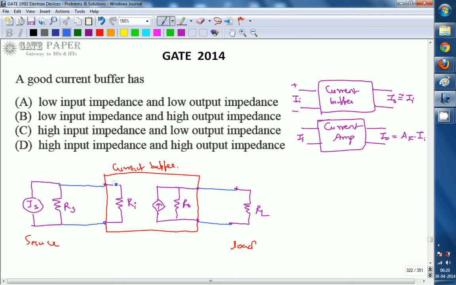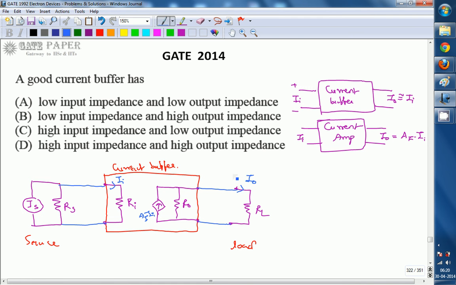Ii is the current flowing into the input of the current amplifier, and what you get is AI times Ii as the dependent current source. The current flowing through the load is I0.